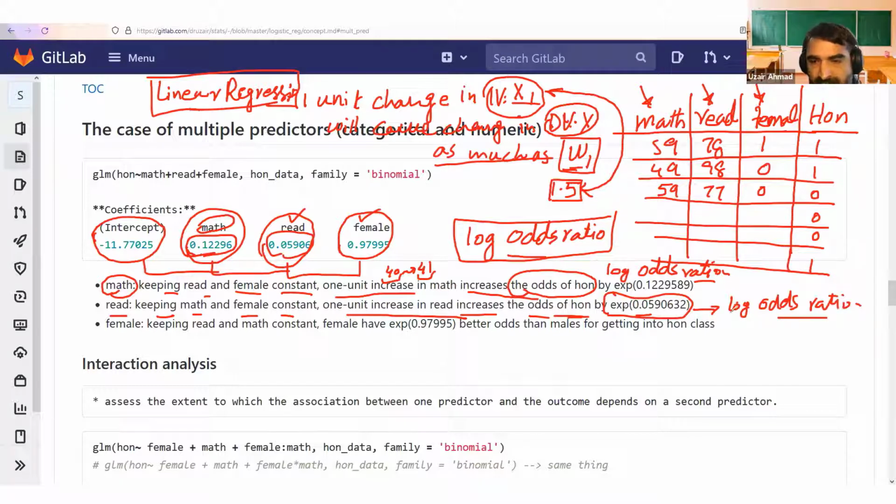But when we exponentiate it, we just get odds. For the female, keeping read and math constant, females have 0.97995 exponentiated. Whatever the value comes, that much better odds than males for getting into honors class.